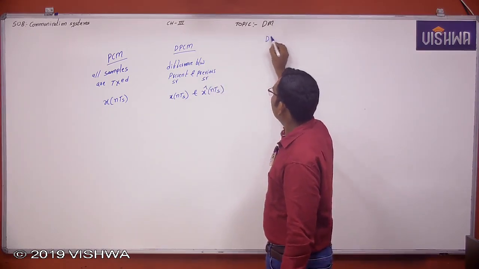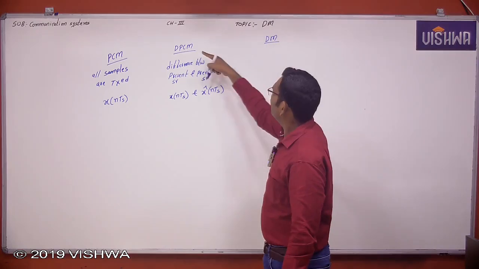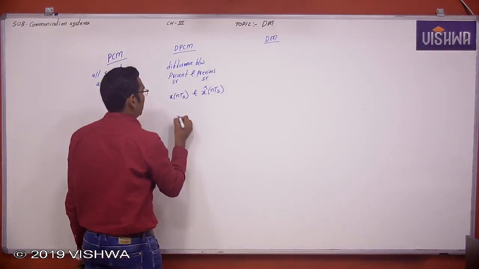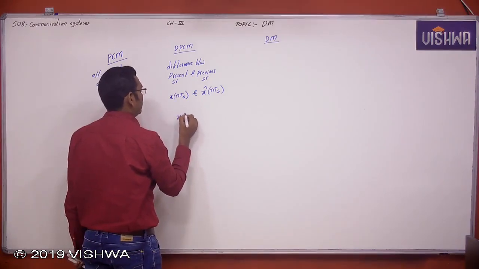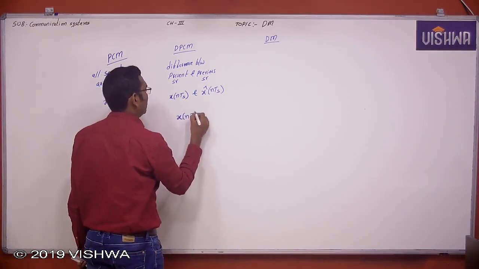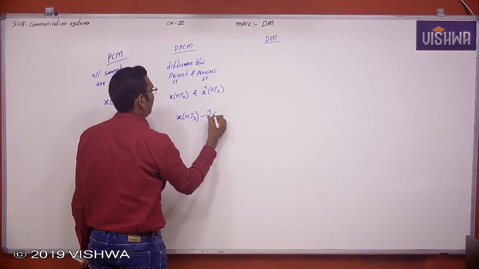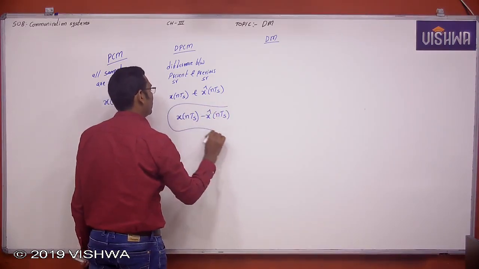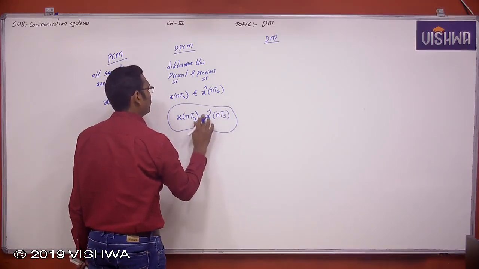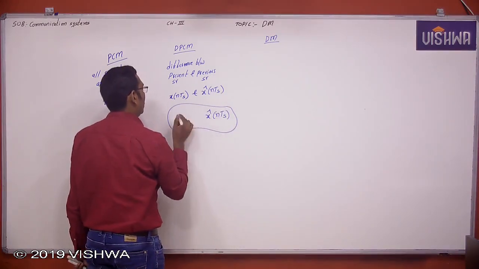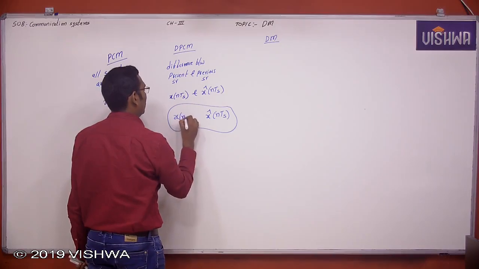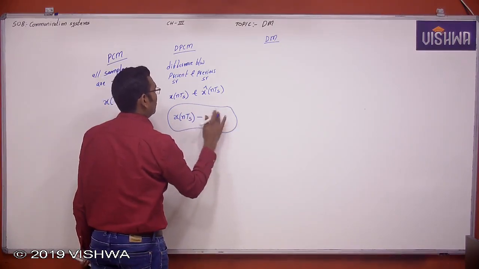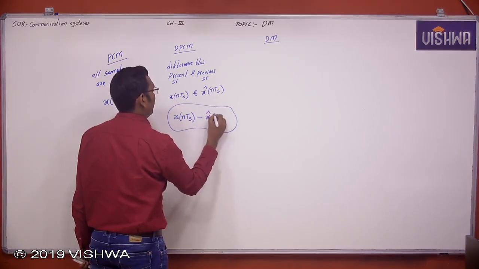Now delta modulation and this DPCM, all are the same. Now this is X of nTs minus X cap of nTs. Now this difference is going for quantization. This is X of nTs minus X cap of nTs.